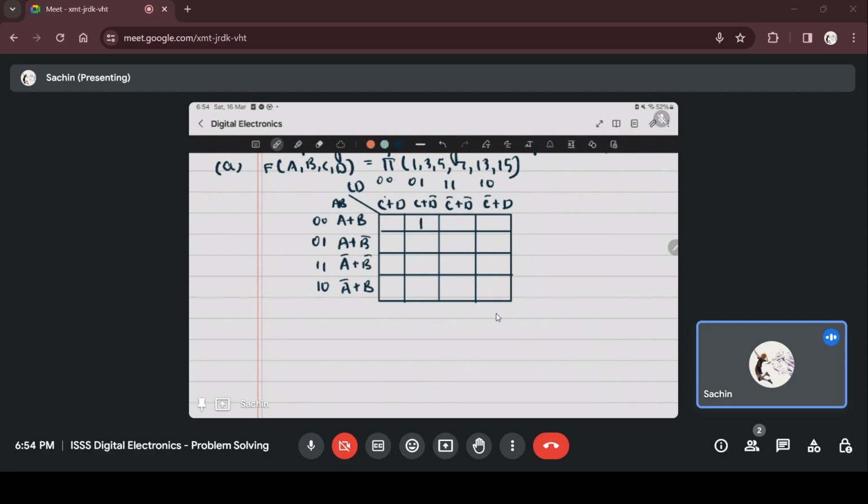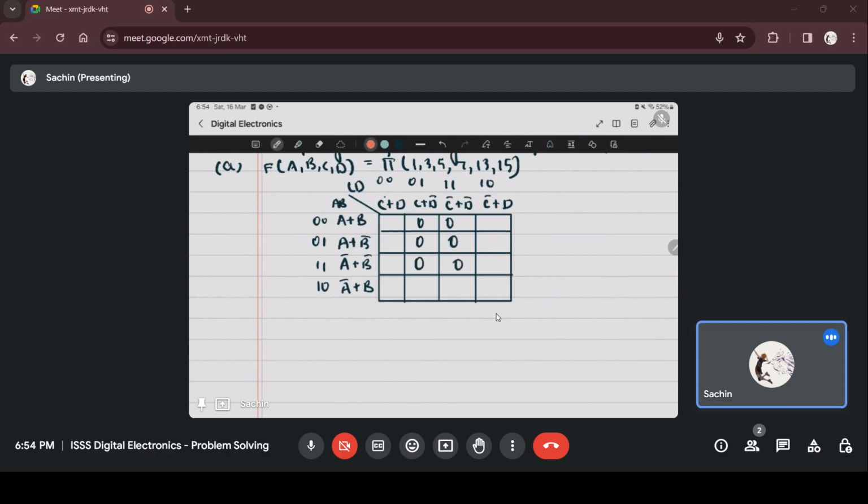So that's position 1, that's 3. You have to fill zeros there. And 5, 7, 13, 15.